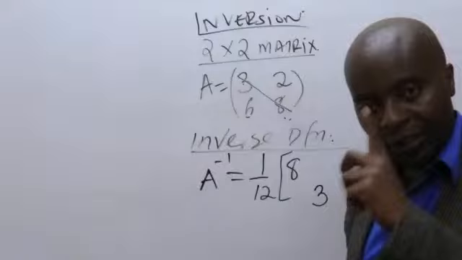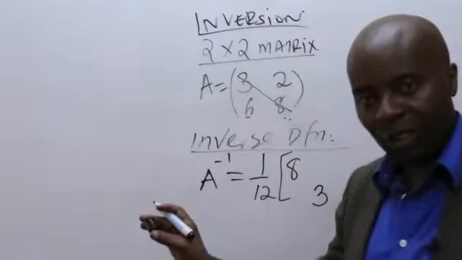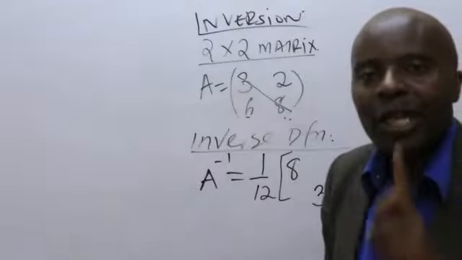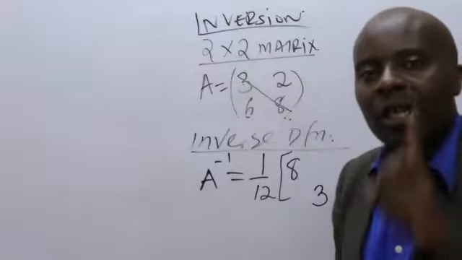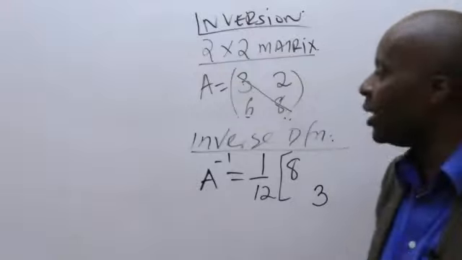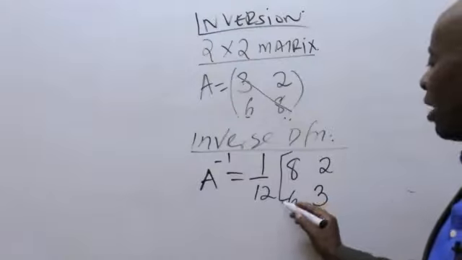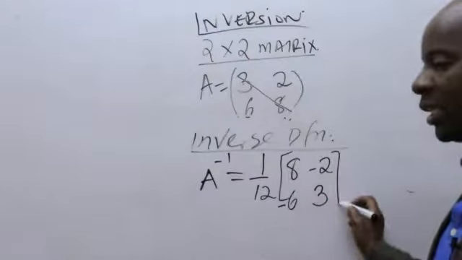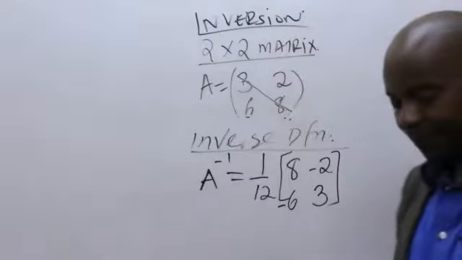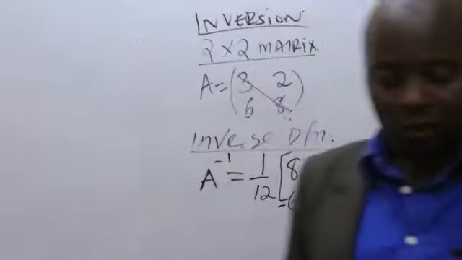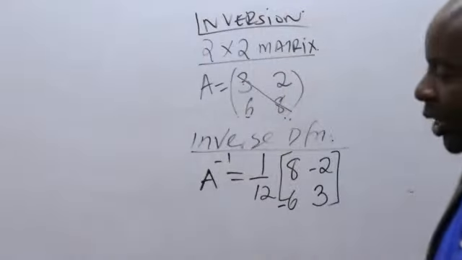We leave them in their respective positions, but change the signs. So we leave them where they are, 2 and 6, but now we have to change the signs. They were positives, now they become negatives like that.